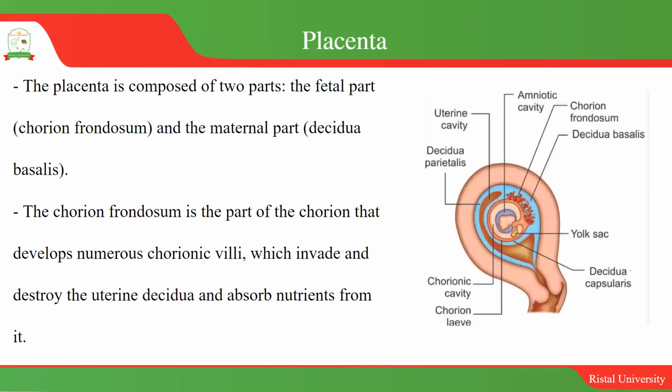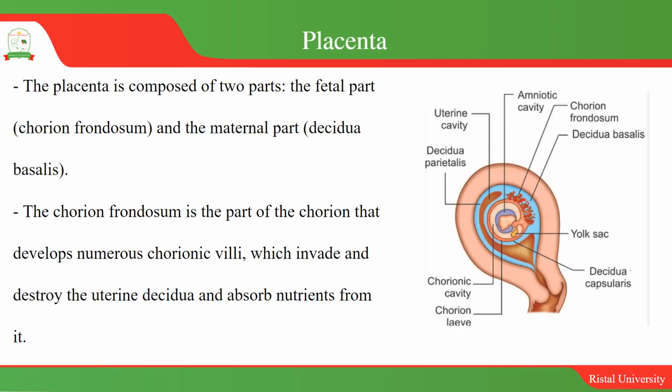So the placenta is an important structure where you have the embryo deriving its nutrients from it. Nutrients, oxygen, antibodies, hormones, all this diffuses through the placenta. So the placenta has the fetal part and then the maternal part.